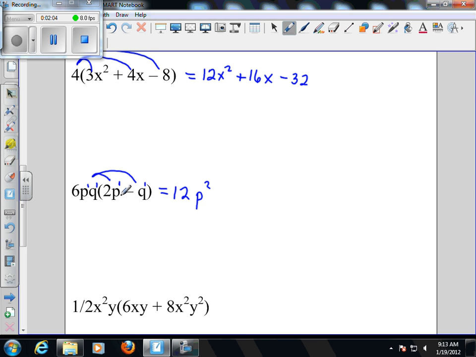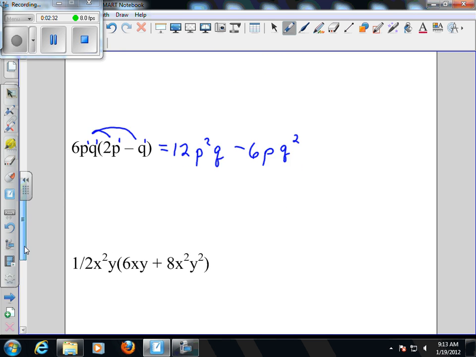There is no q next to the 2p, so we're just going to write down that q from the 6pq. And now we're going to say 6pq times q to the first. Well, actually it's going to be negative, so we have negative 6p. Q to the first times q to the first gives you q to the second. So we end up with 12p squared q minus 6p q squared.